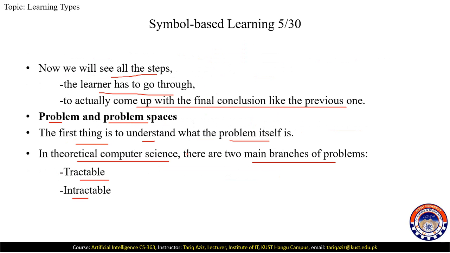Dear students, look at this heading. We have two parts in this heading. The first part is the problem, and the second part is the problem space. We just discussed that we have different problems in our society, in our world, but here we discuss them in the context of machine learning.